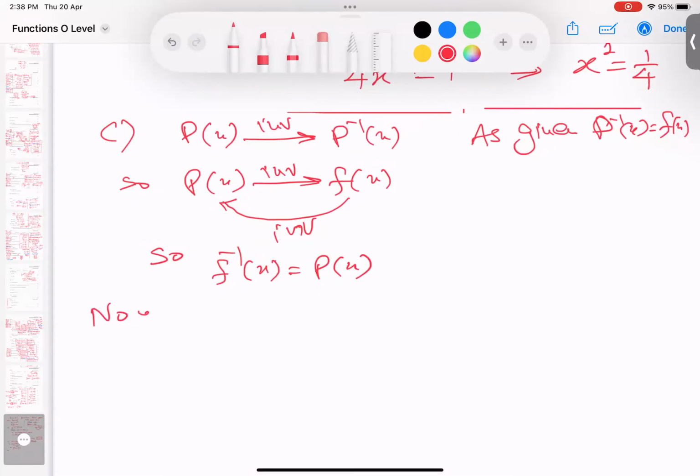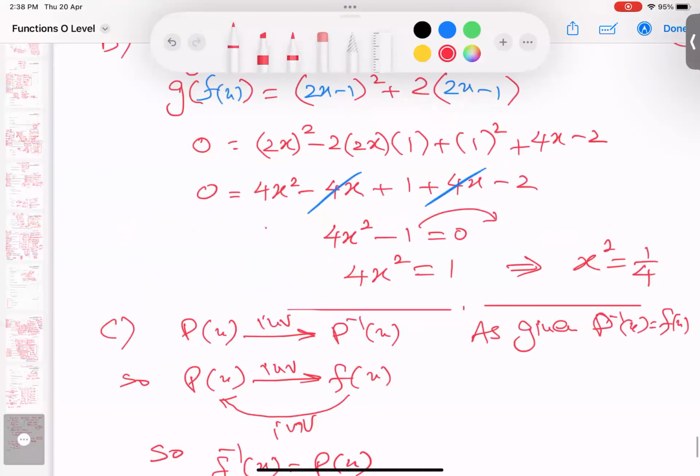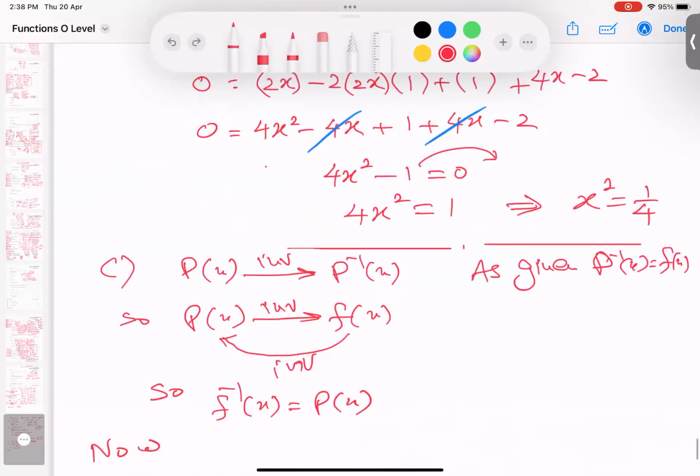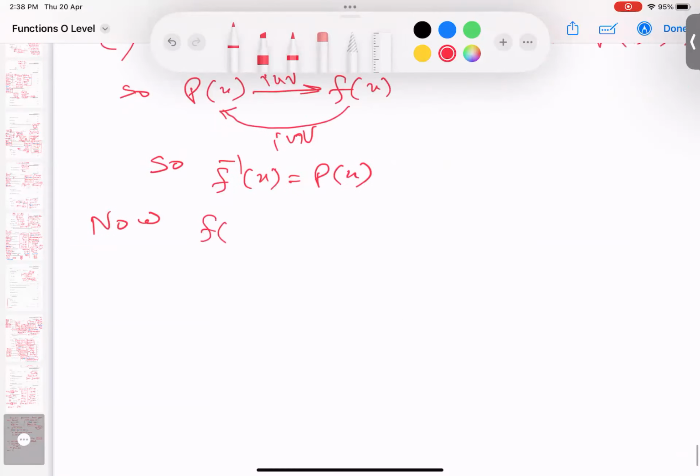Now I'm finding f inverse of x. It's a very long story I explained, but I hope you got the logic. So f of x equals 2x minus 1. The first function will be removed and I write y. Then y, this one will go there.